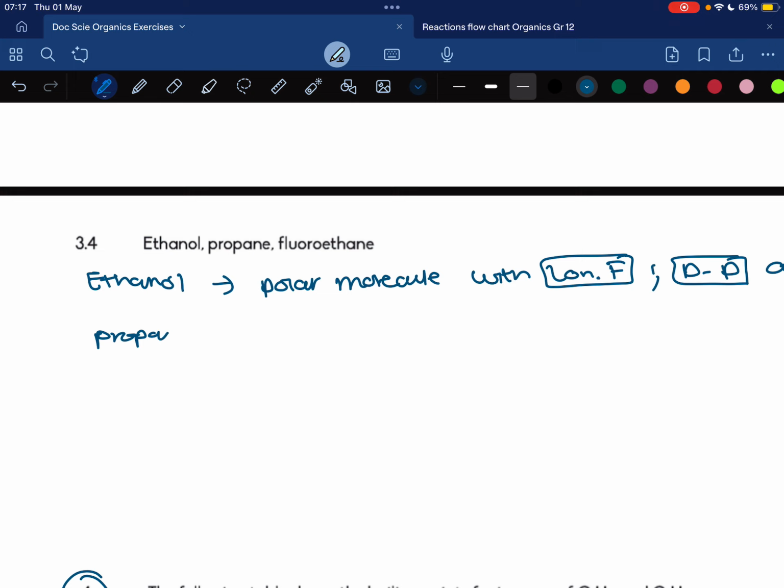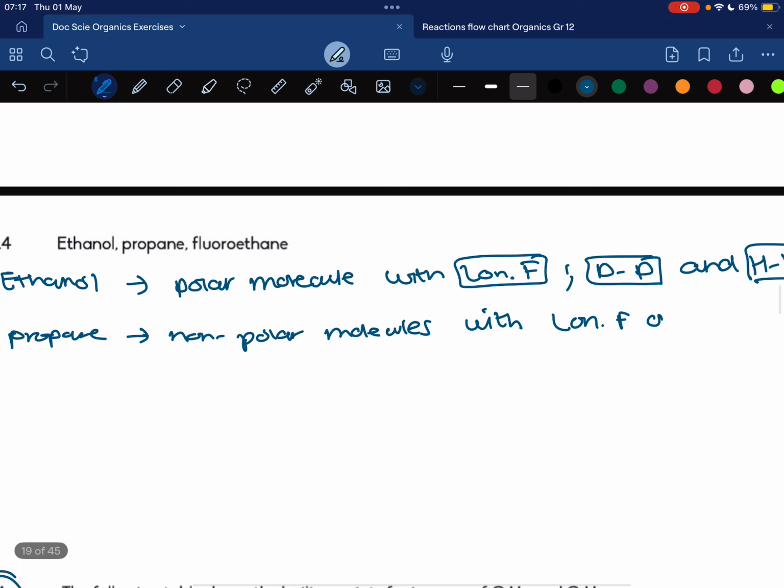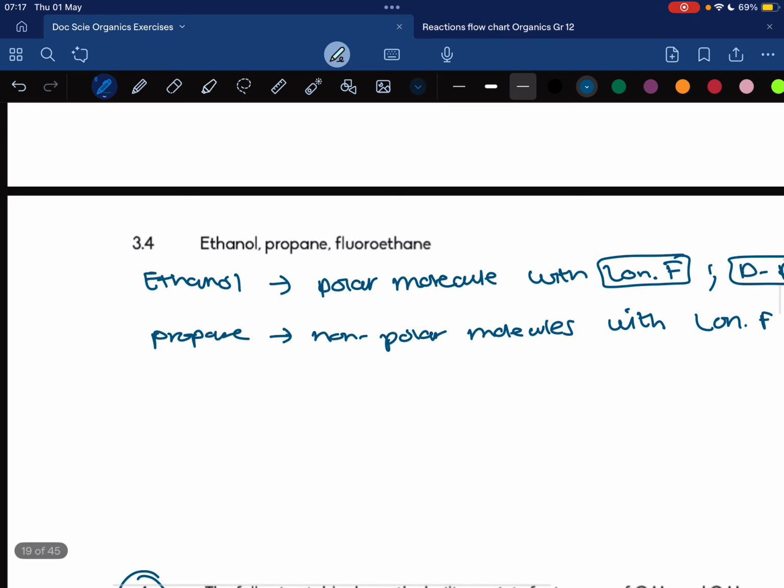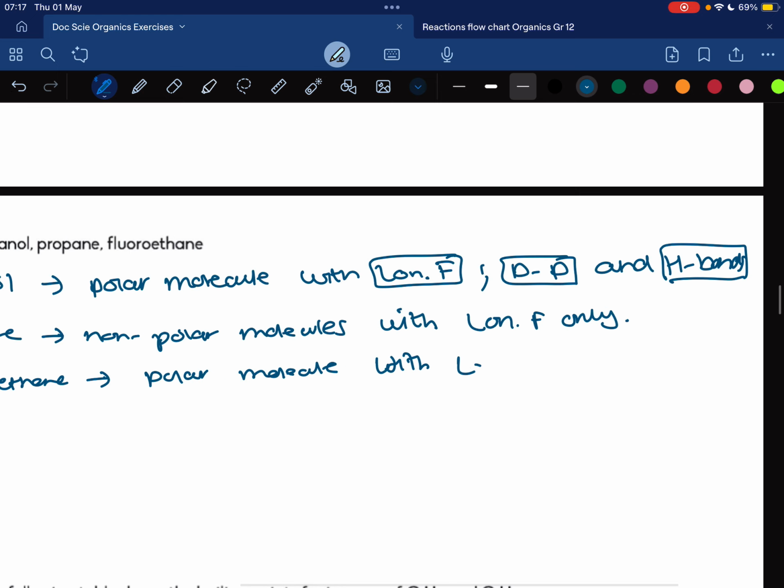Okay, propane is a non-polar molecule with London forces only. And fluoroethane is a polar molecule with London forces and dipole-dipole.